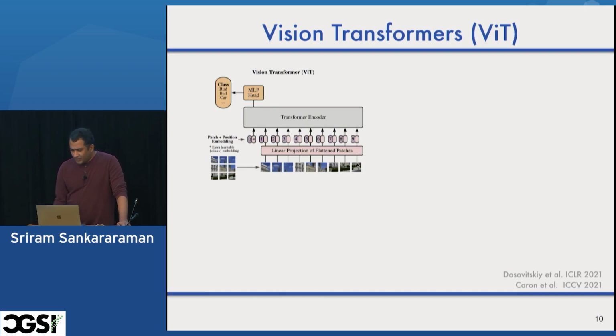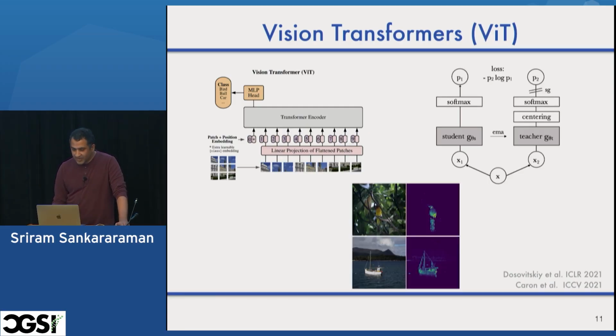The first vision transformer paper introduced this in the context of a supervised learning task. And then there were subsequent works that introduced vision transformers in the context of self-supervised learning, or an unsupervised setting. What they did was essentially look at different views of the image, say a rotation or some kind of cropping, feed them into two different neural networks, and see whether the representations learned are aligned with each other.